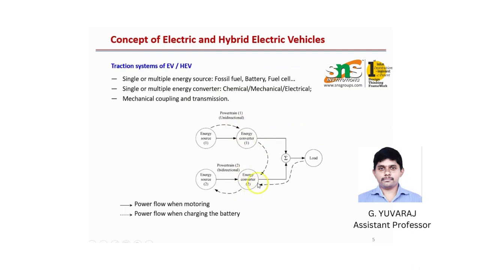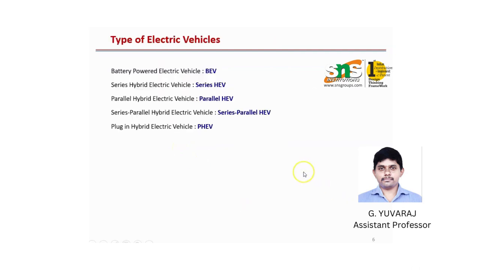Similarly, by using the energy converter, there can be multiple energy sources, and it can create the source of energy for the power flow when there is motoring, and also when a load has been given to this vehicle.